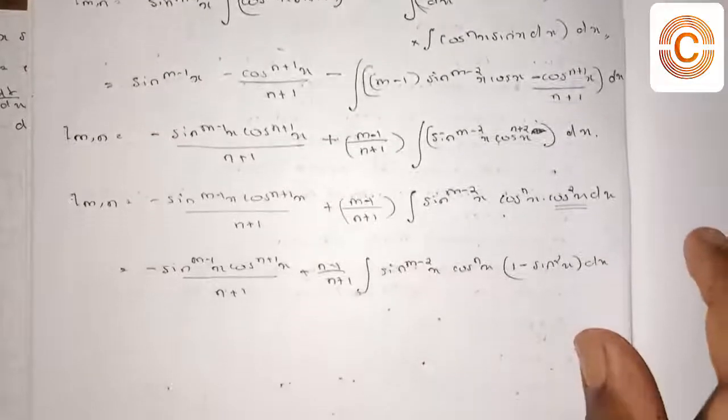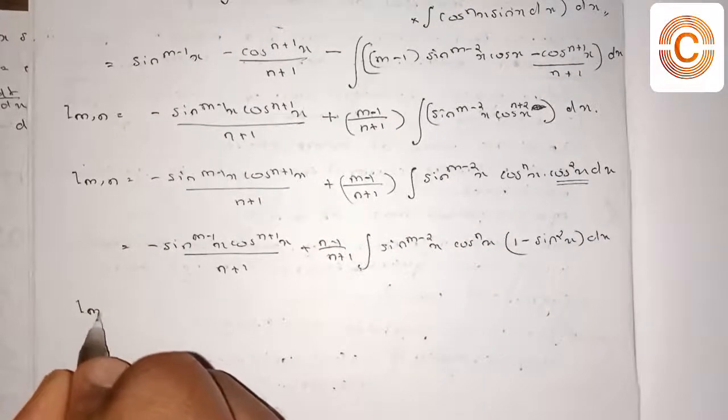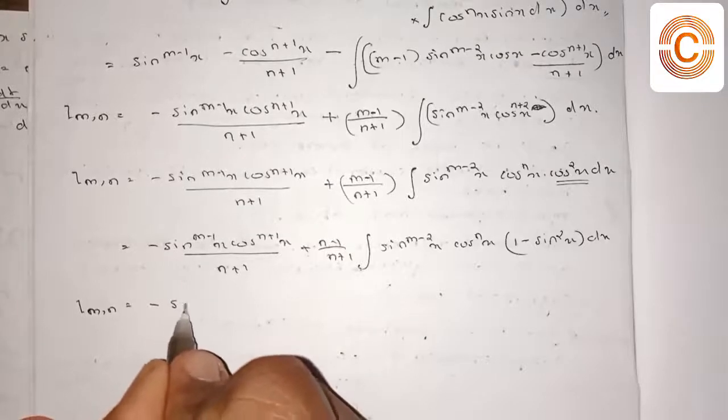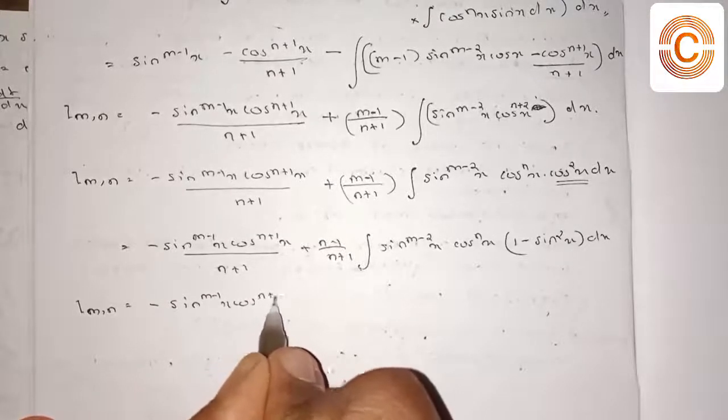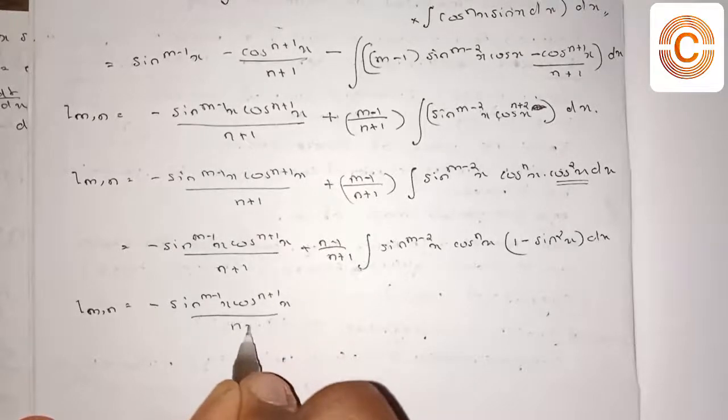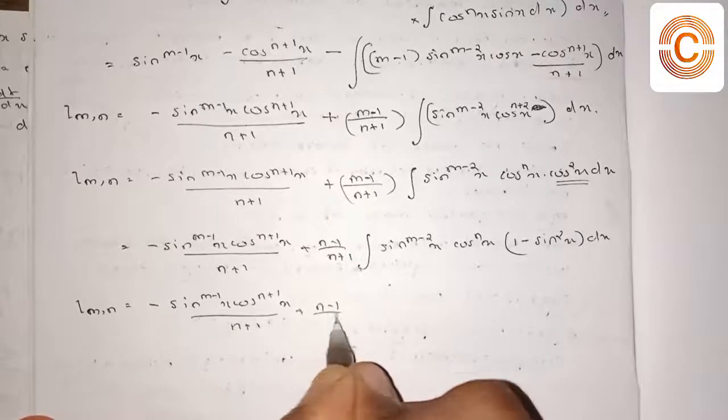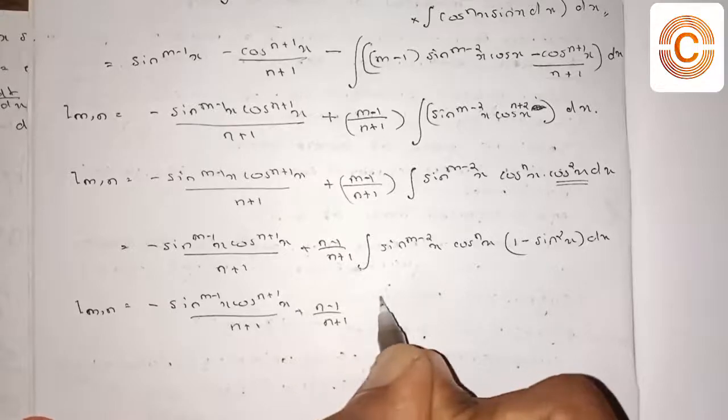So in the next step, I m comma n is equal to minus sin raised to m minus 1 x cos raised to n plus 1 x divided by n plus 1 plus m minus 1 divided by n plus 1 into the integral.